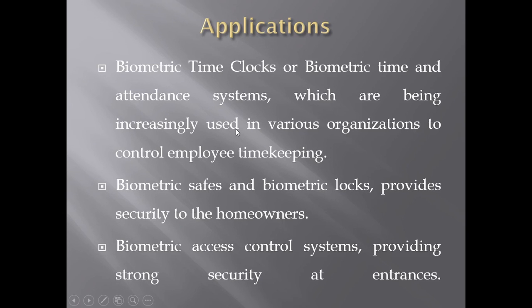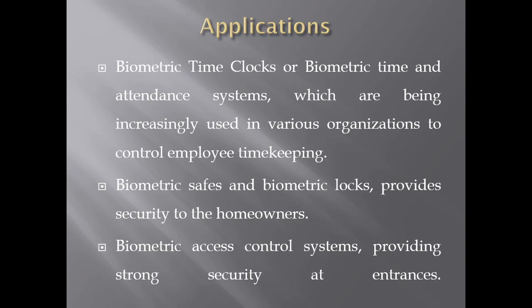So what are the applications? Biometric time clocks, or biometric time and attendance systems, are being increasingly used in various organizations to control employee timekeeping. Whenever an employee enters or leaves, time stamping is there, and it is sure that that employee is already there. Specifically for safes and locks, this provides security for homeowners.